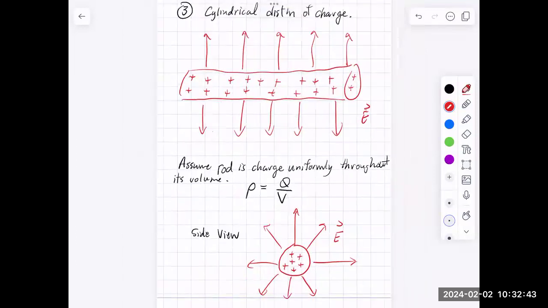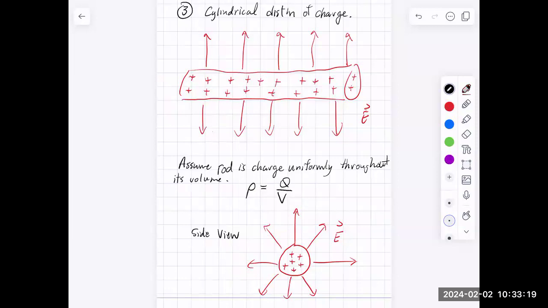What we're going to try to do is pick a Gaussian surface that matches the symmetry or geometry of our cylinder. So what do you think we should choose for our surface? We have a cylindrical rod, so what should the shape of our surface be? A bigger cylinder or a smaller cylinder, any kind of cylindrical shape where we have a common axis between the rod and our Gaussian surface.